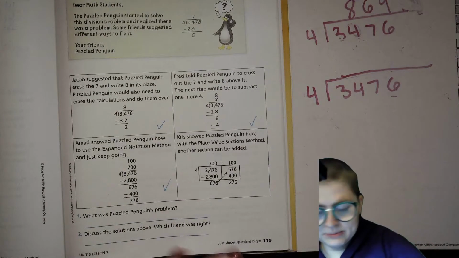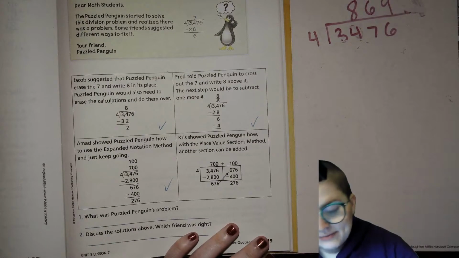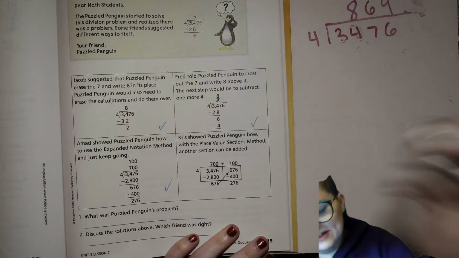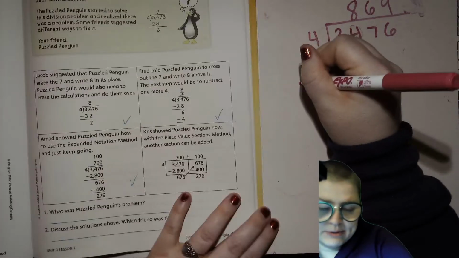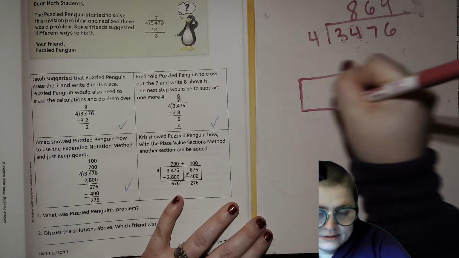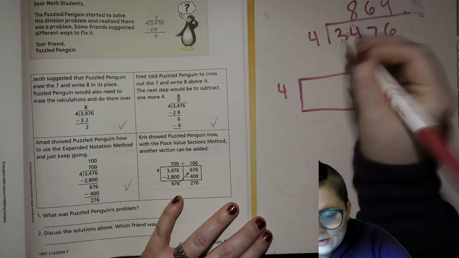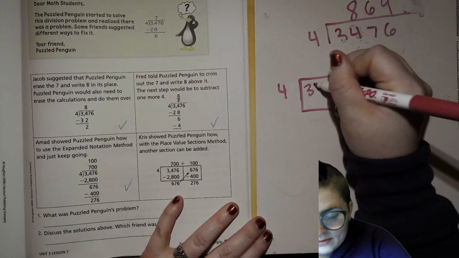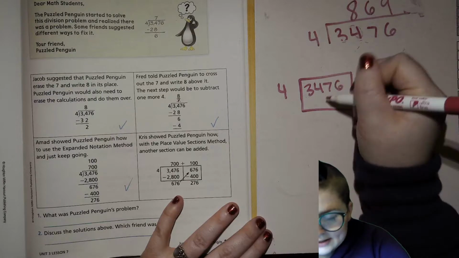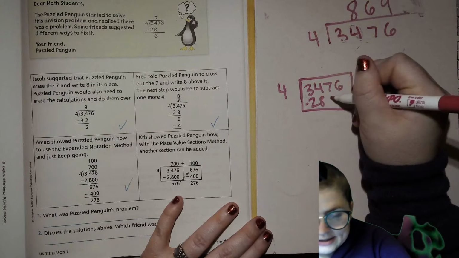Chris showed Puzzle Penguin how with the place value sections another section can be added. So they were doing this one with the boxes. We'll draw our box. Now this would be easier if you have a whiteboard, I think. 4, 6, 2,800.